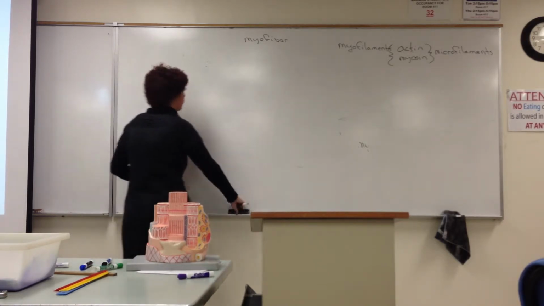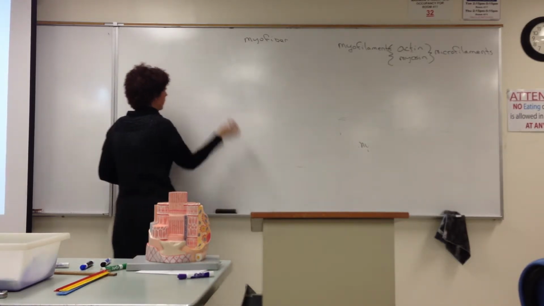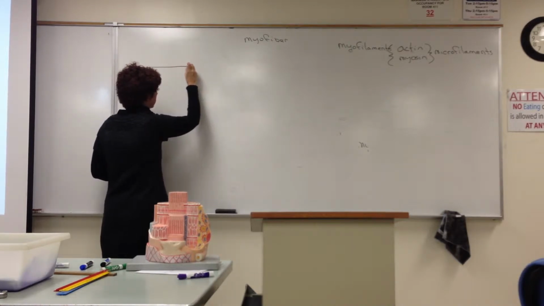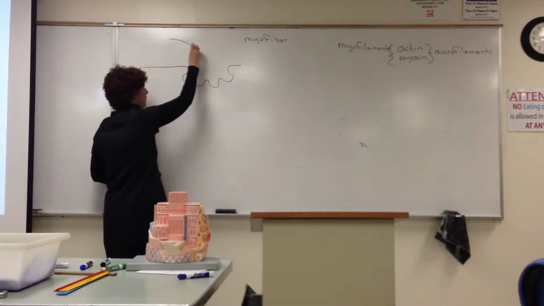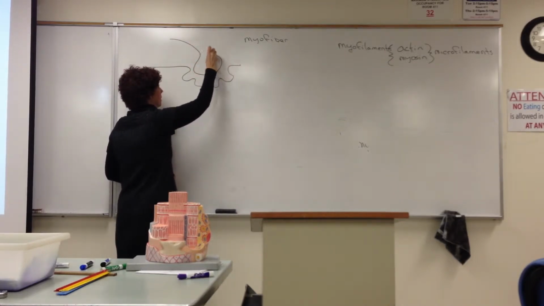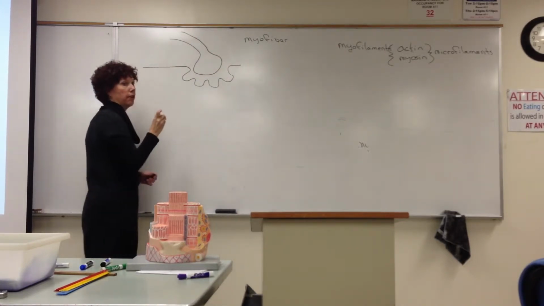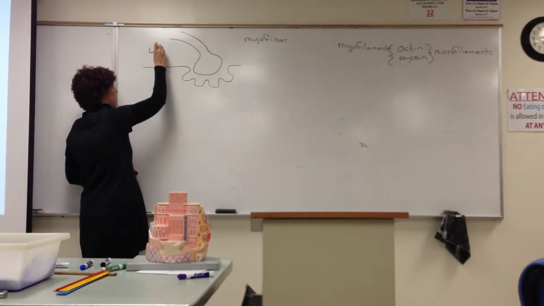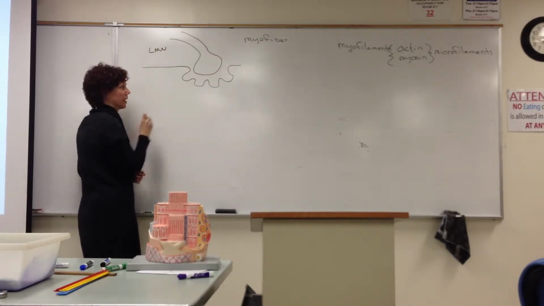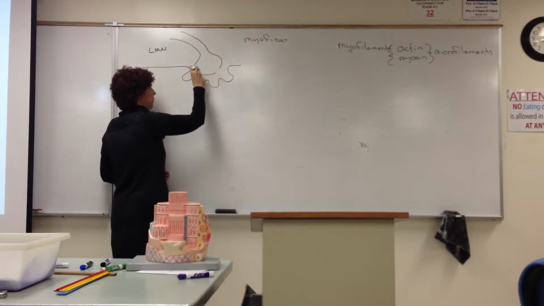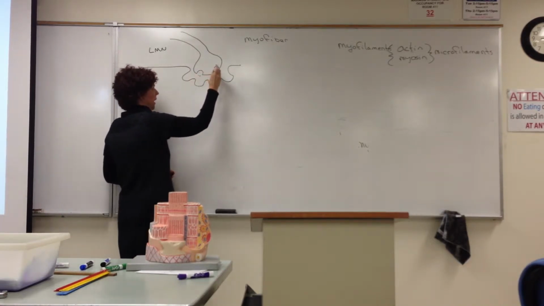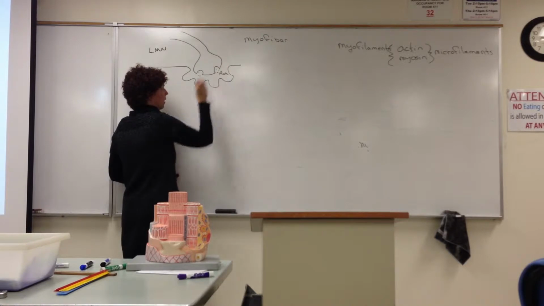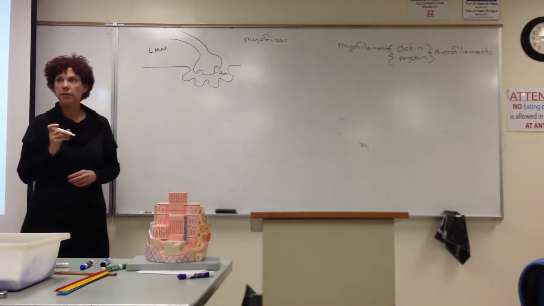So we have the plasma membrane, or sarcolemma, of our muscle cell, and it's going to form a neuromuscular junction with our lower motor neuron. This is the lower motor neuron. And the synaptic bouton releases neurotransmitters, which we'll talk about in more detail on Tuesday, acetylcholine.